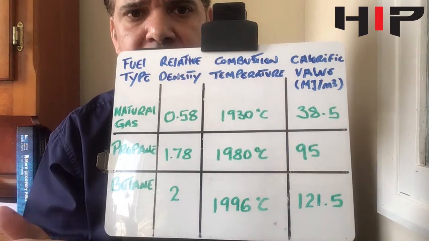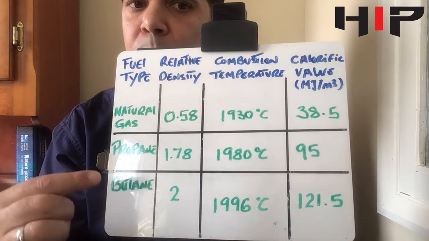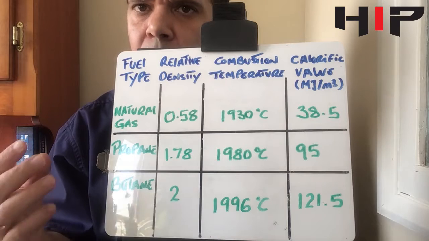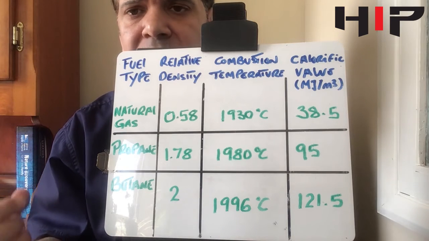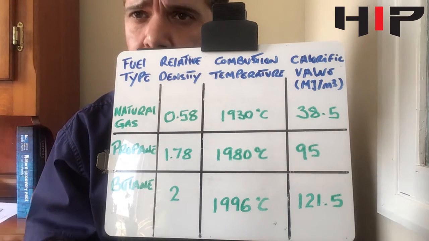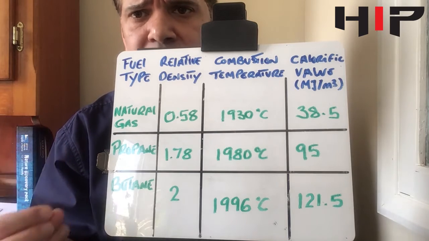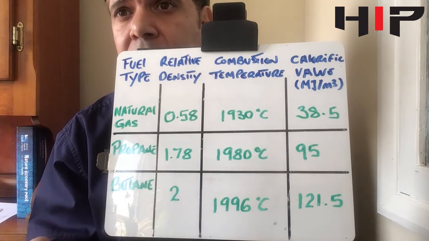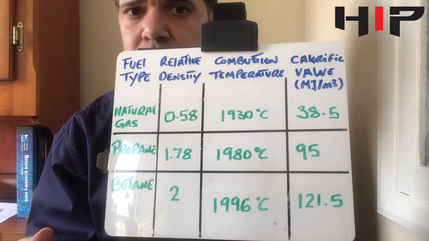Now then, as you can see, you get 121.5 megajoules per cubic meter of calorific value. The temperature is also quite high, at 1996 degrees. So that's why we don't use it for soldering. It's too hot for soldering.